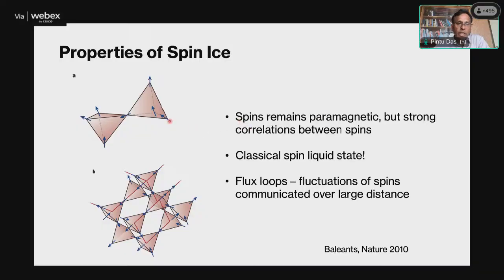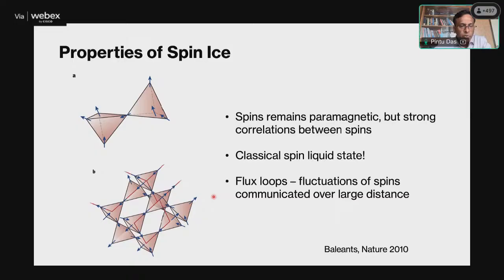But there is a strong correlation between the spins, because they always orient in a two in, two out orientation, and therefore this spin ice can also be classified as a classical spin liquid state. That's what I defined earlier.